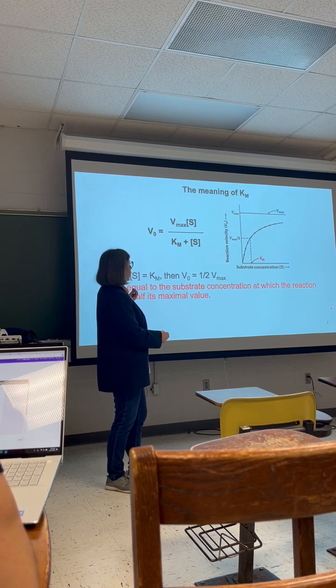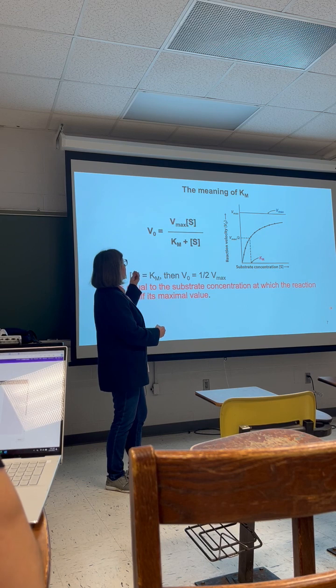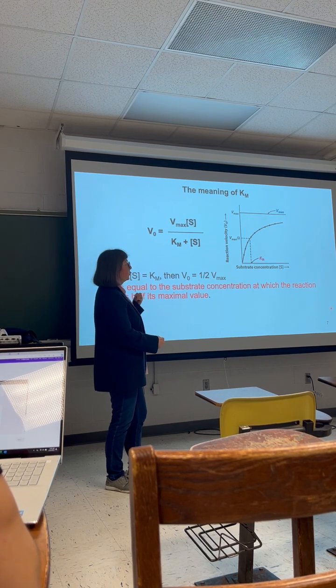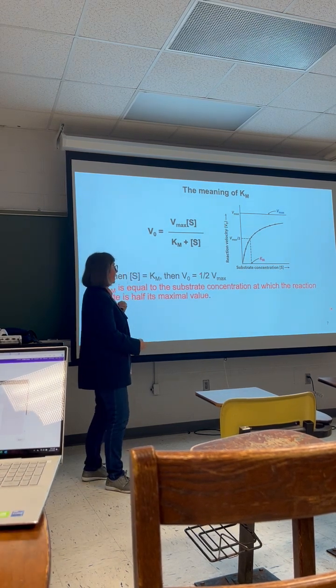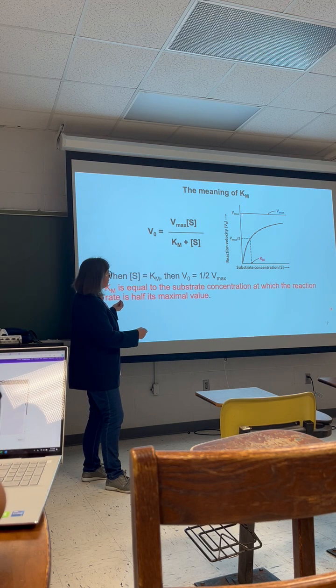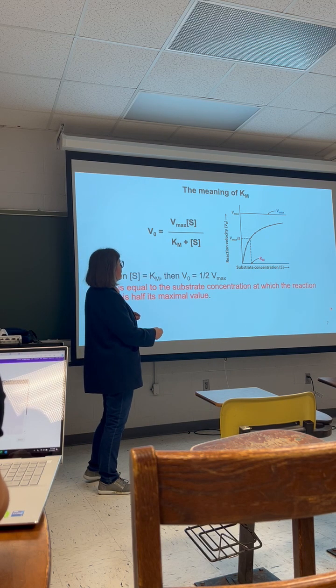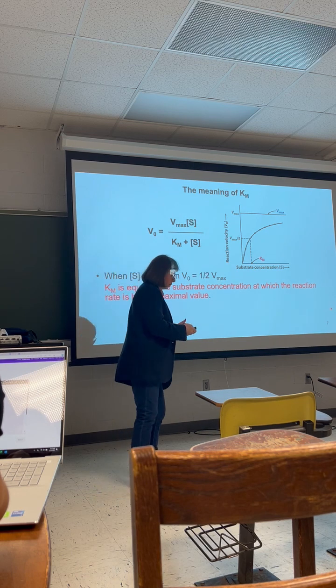When substrate is Km, V0 equals half of Vmax, so Vmax divided by 2. And from this plot, you can clearly find Km.